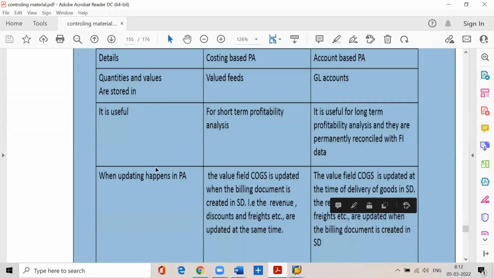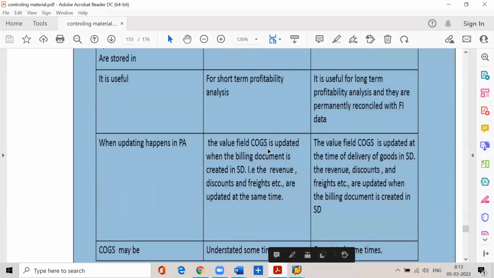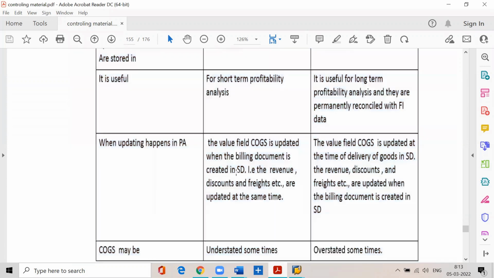Then, the timing at which the information is updated in COPA and the profit center account. When does updating happen in profitability analysis for the value field COGS? See, COGM means cost of goods manufactured. COGS means cost of goods sold. So the value field cost of goods sold is updated when the billing document is created in SD.